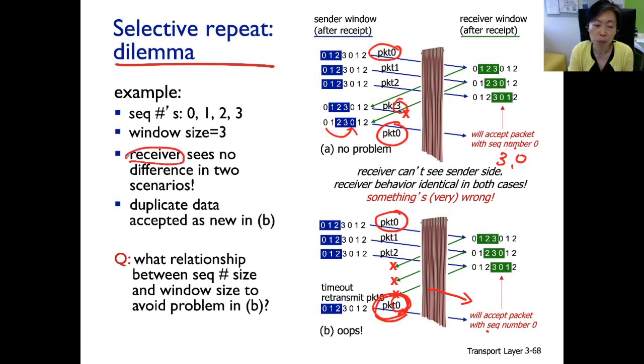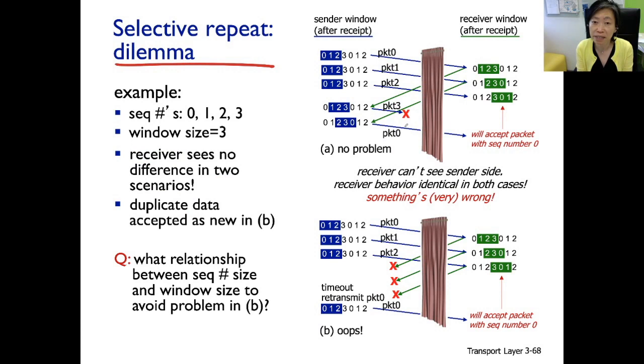From a receiver's point of view, it actually sees no differences in the two scenarios. You get duplicate data in the end in case B. So we need to be careful here to prevent this, packet 0 here and packet 0 here obviously are two different packets, but being confused as the same packet.